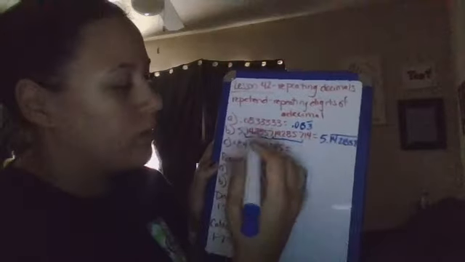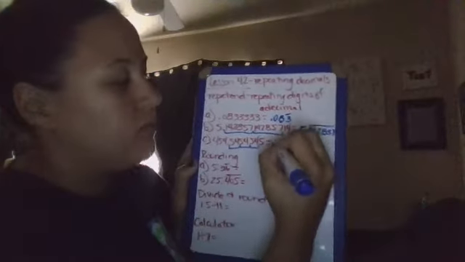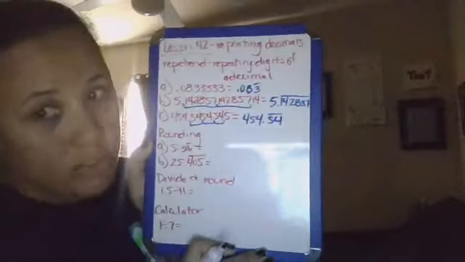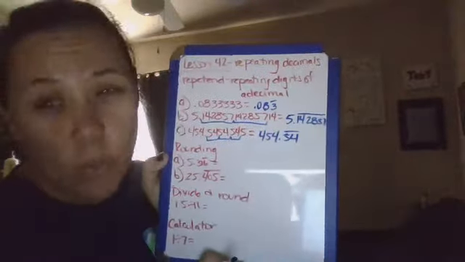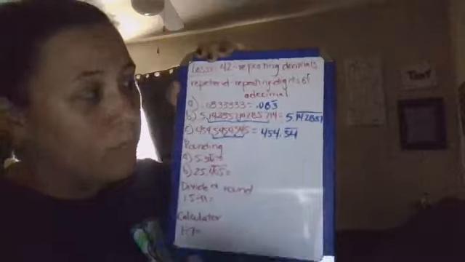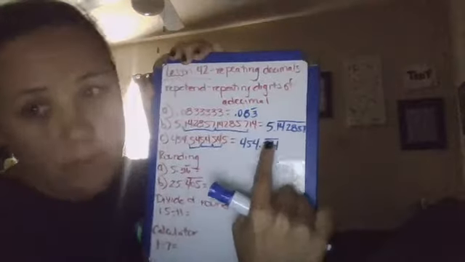We can probably safely assume it's going to be a 4, because we have 545454. So this number will be 454.54 repeating. Again, the entire pattern of numbers that are repeating gets the repeating symbol over it.